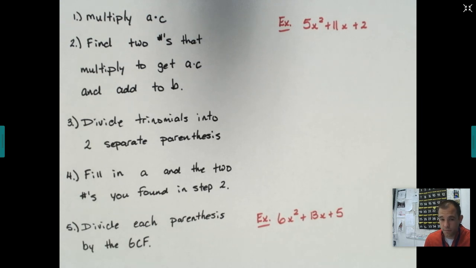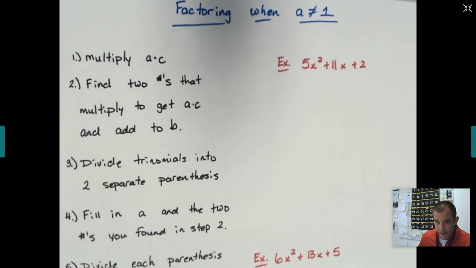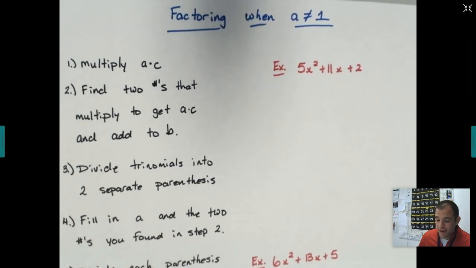If you write down these steps and you're like, holy crap, I'm so confused, don't worry. We're going to do maybe 2, but hopefully 3 examples. Basically, we are going to multiply a times c. Remember, a is always the first number in front of the x squared, and c is the thing that doesn't have a variable.